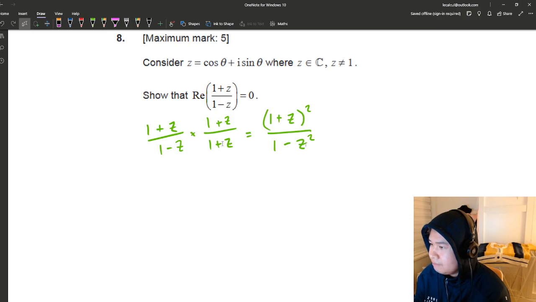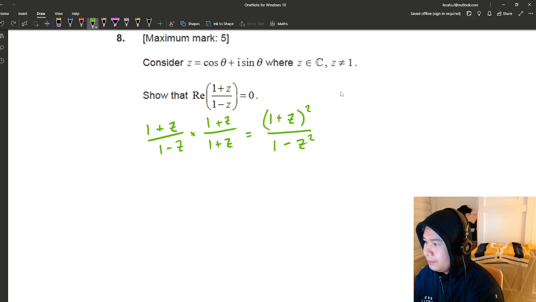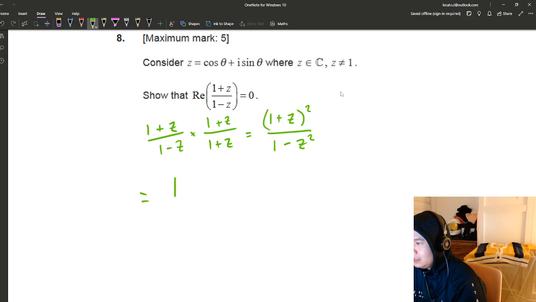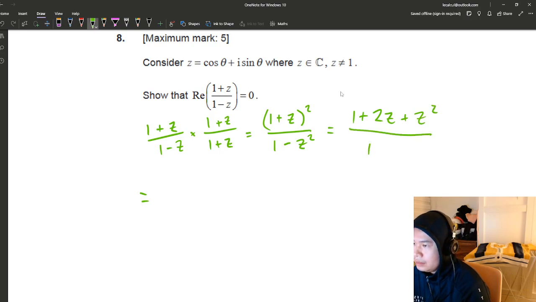And then we need to consider z as this, and I'm going to shorten this to CIS. Should I? No, I don't think so. Okay, never mind. Okay, and then now I make a substitution. So the numerator is actually, why don't I just expand this out first? 1 plus 2z plus z squared over 1 minus z squared. Okay, now I make a substitution.